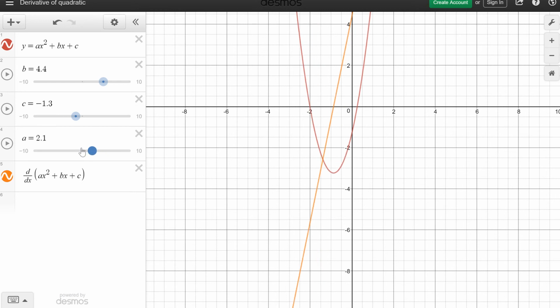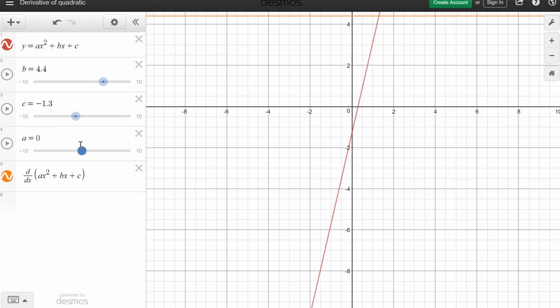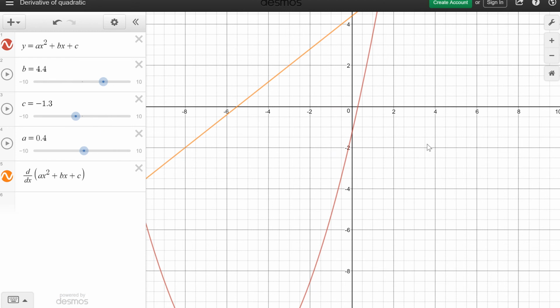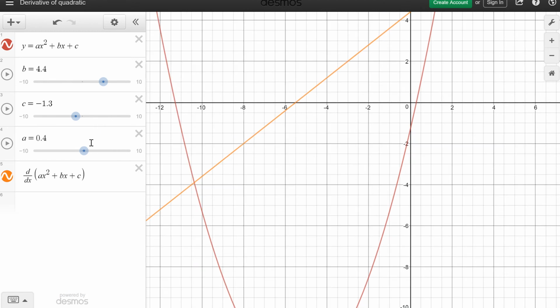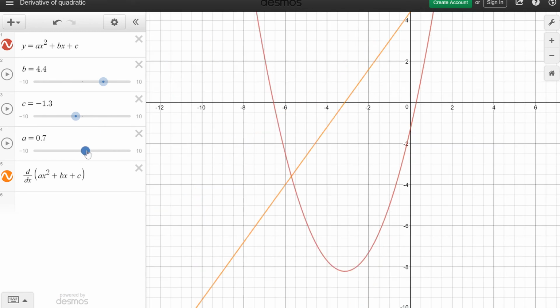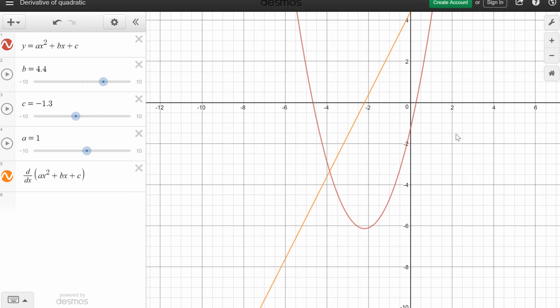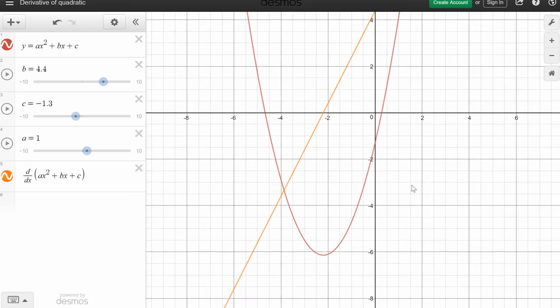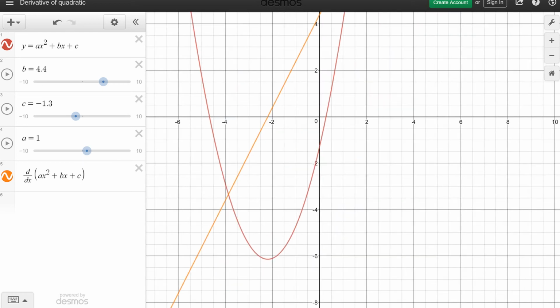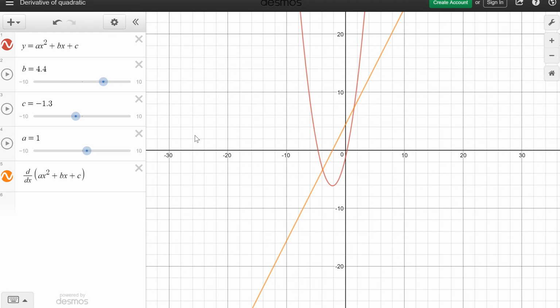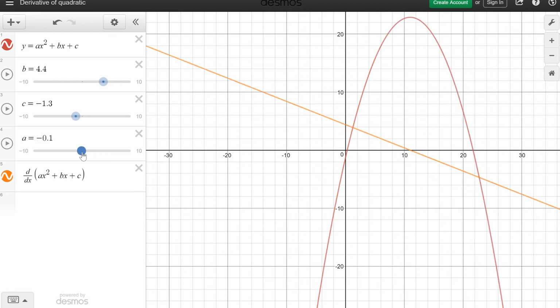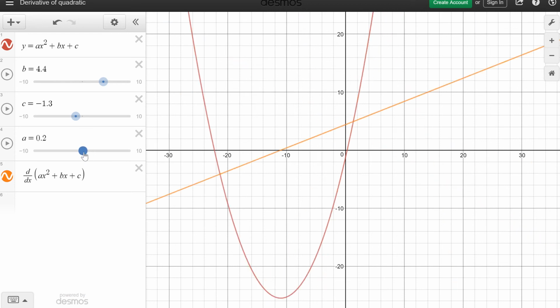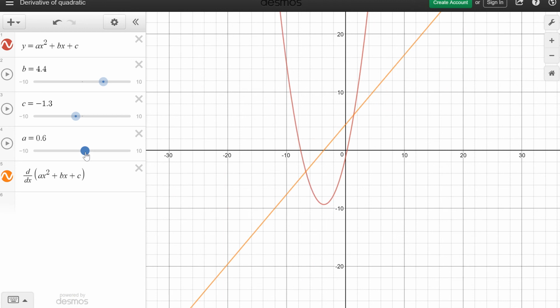But a changes the gradient of that line, and that's because a is the coefficient of the x squared term, and so when we differentiate that, it's affecting the gradient of the derivative that we get, which is a line. So I guess in summary, when you are differentiating a quadratic, your result is that yellow line. So you get a straight line representing the gradient of a quadratic.